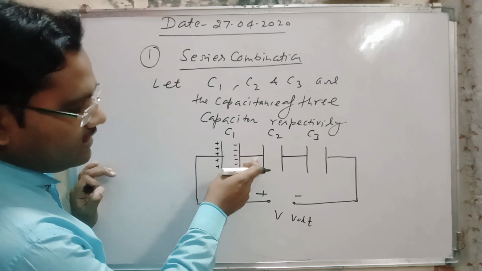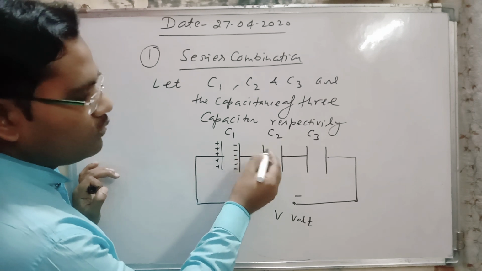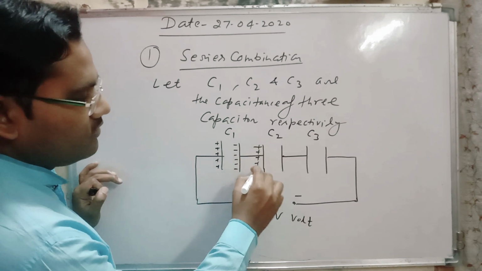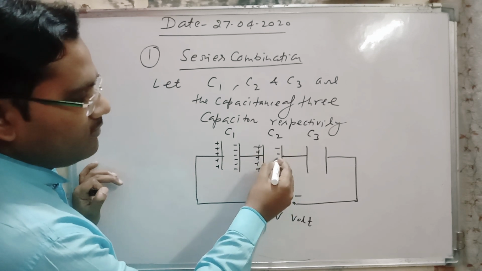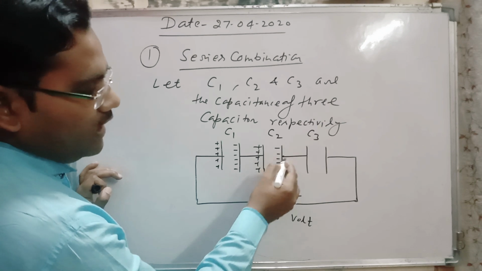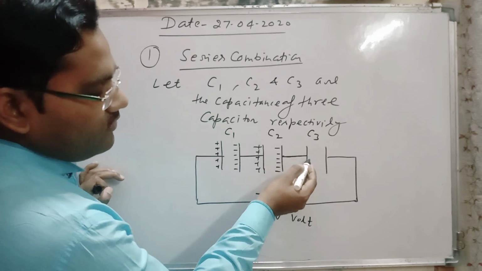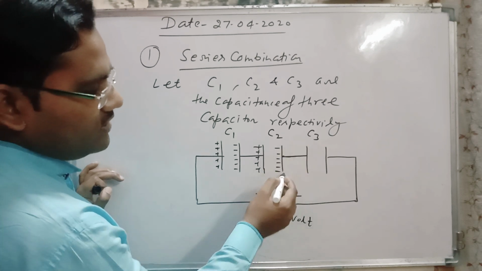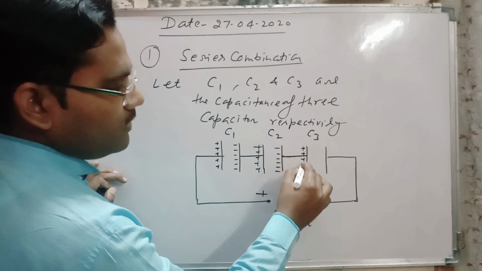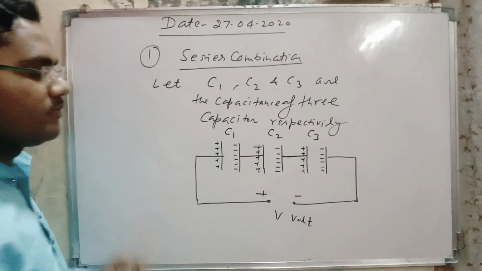But this one is a conductor, that means positive charge transfers to the first plate of the second capacitor. This becomes positively charged, again this becomes negatively charged due to induction, and positive charge at the outer face, and this outer face connects with the first plate of the third capacitor, that means positive charge is transferred to the first plate of the third capacitor, and this one is negative.